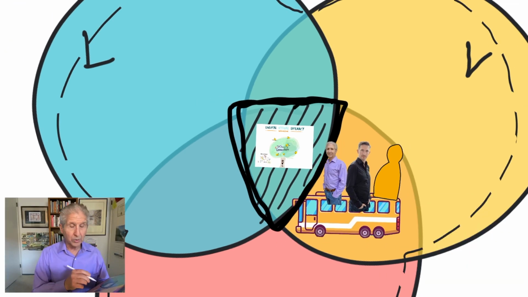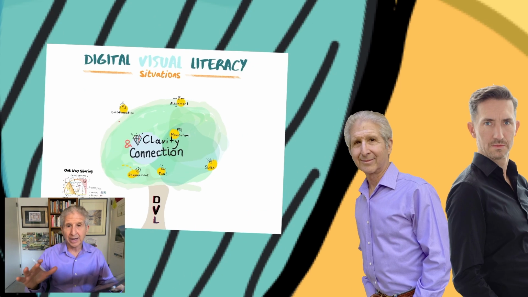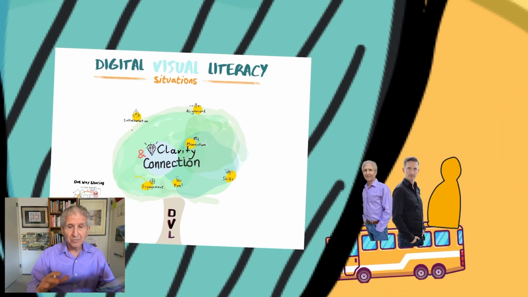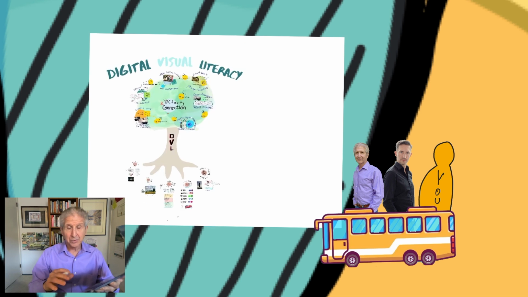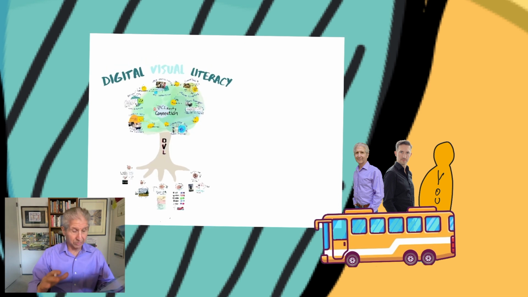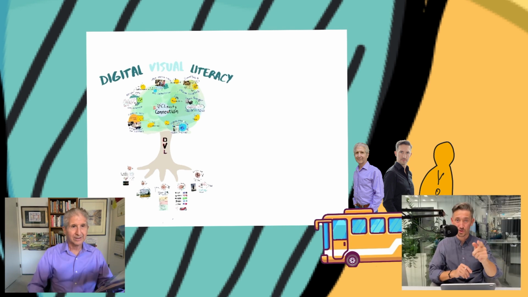Yes, and really what the tree is all about is the definition and the build out of DVL as a hybrid practice, as skills and tools and methodologies. It's really something when you begin to look at the possibilities and what it's going to take to train people up and enable them to develop this hybrid form of literacy.